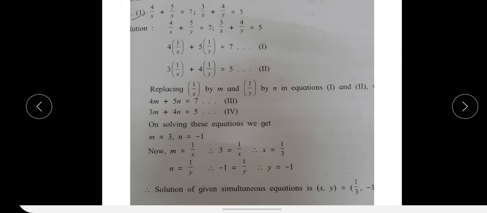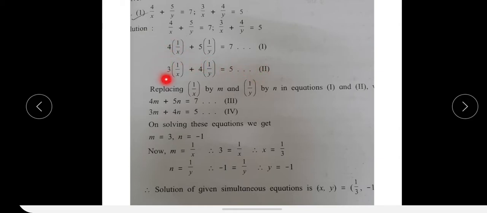Similarly, for the coefficients 5 and 4, 1 upon y is in the bracket in equations 1 and 2 again. Therefore, when we create a new variable for this 1 upon x or 1 upon y, then we can change these two equations into linear equations in two new variables.